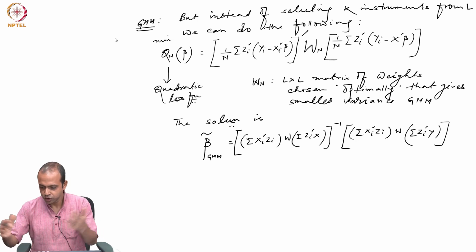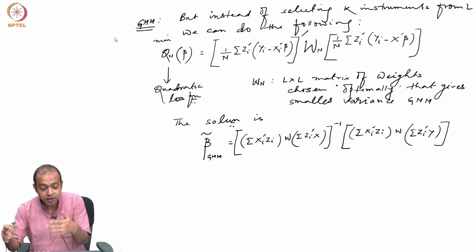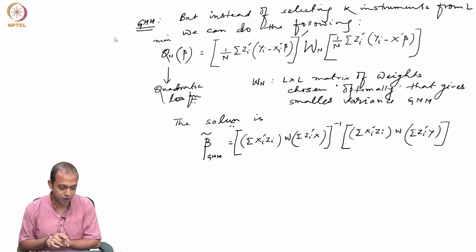That will become your GMM estimates, which is derived from this particular quadratic loss function, which is again constructed from the sample moment condition.